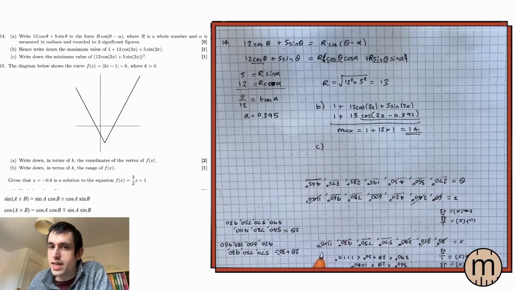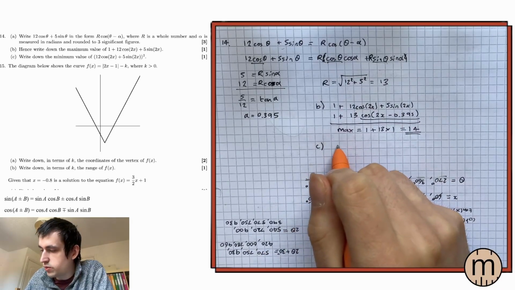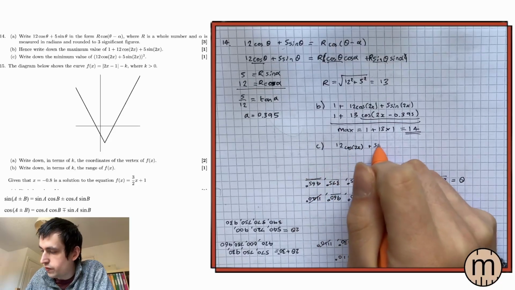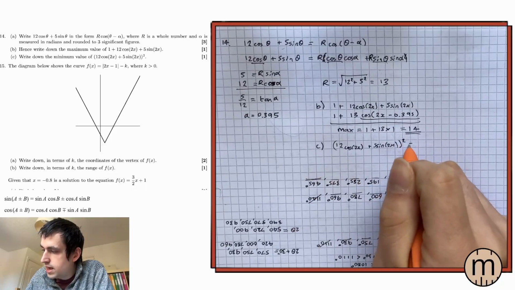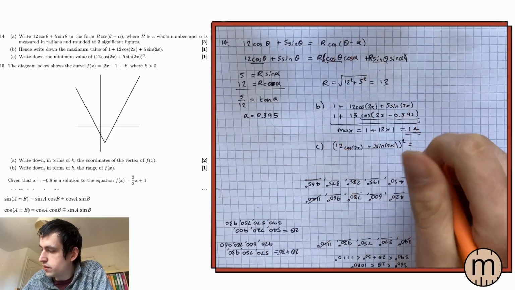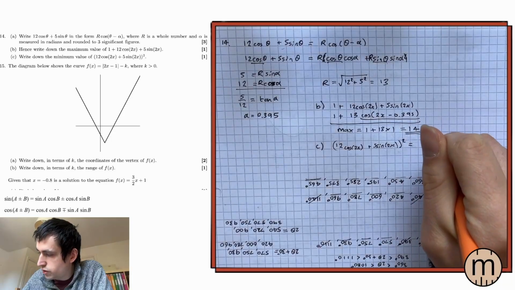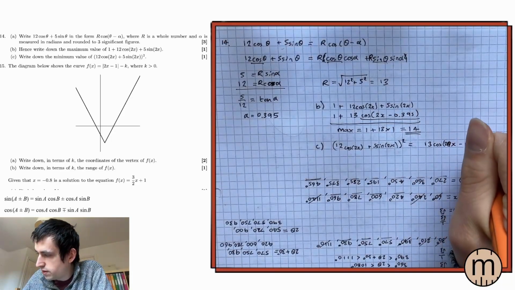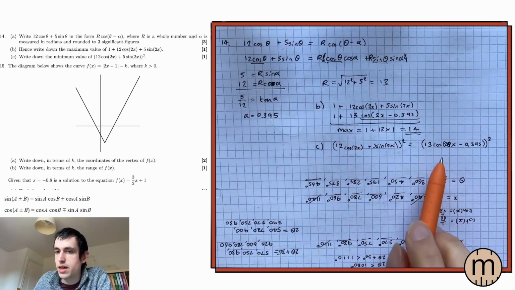For part C, it's actually a tiny bit more tricky. If we rewrite it in the brackets, we've got 12 cos 2x plus 5 sine 2x, and then we're going to square it. Let's rewrite it in terms of this. So it's going to be 13 cos, instead of theta, 2x, and then minus 0.395. But here, there's a bit of an intricacy.